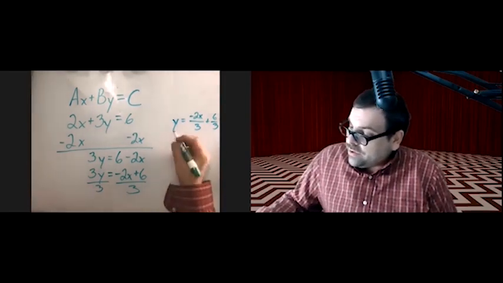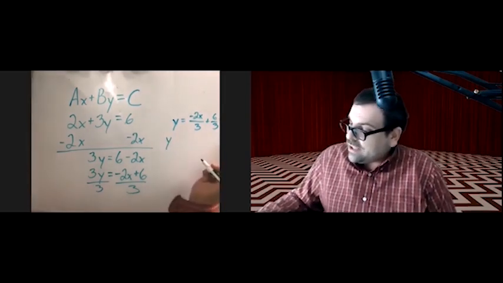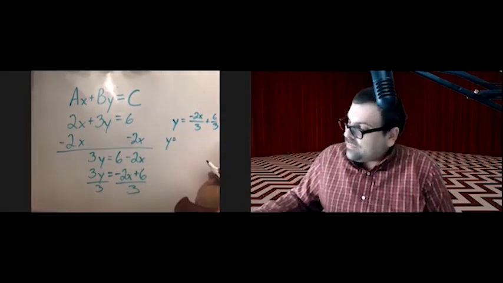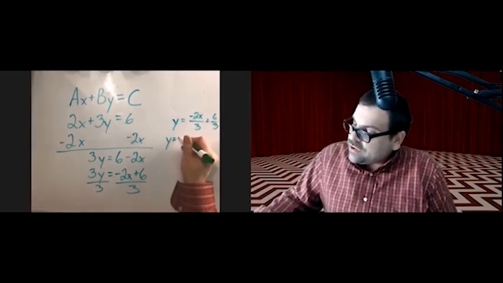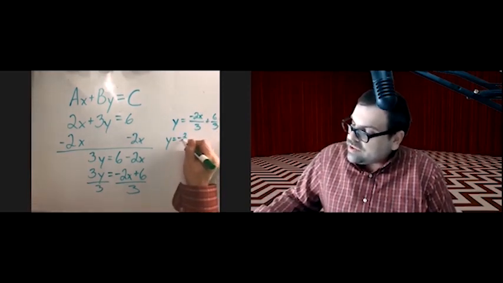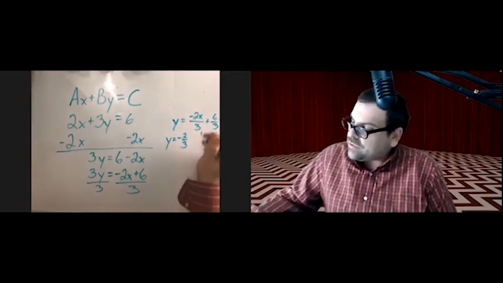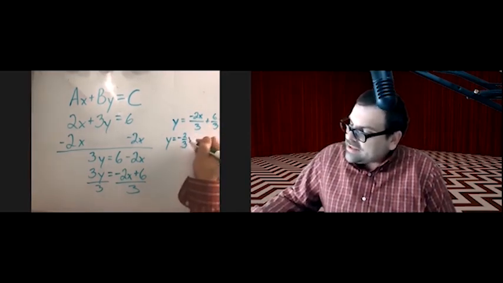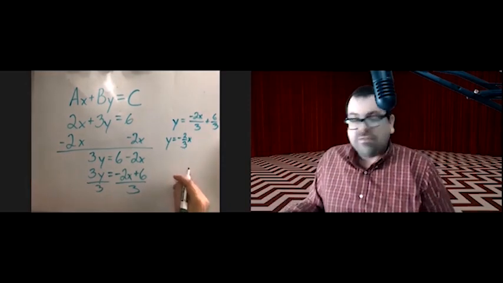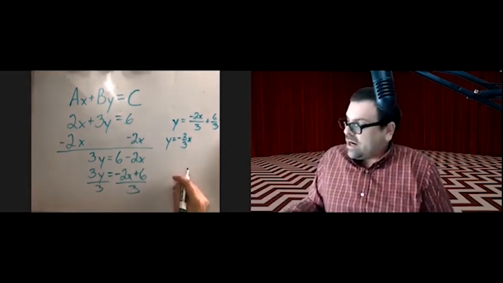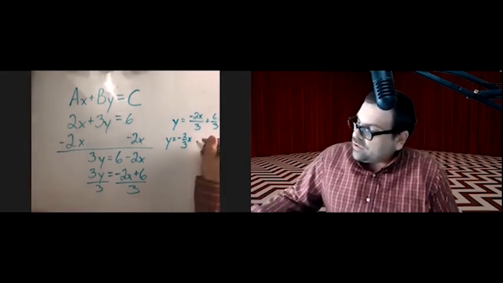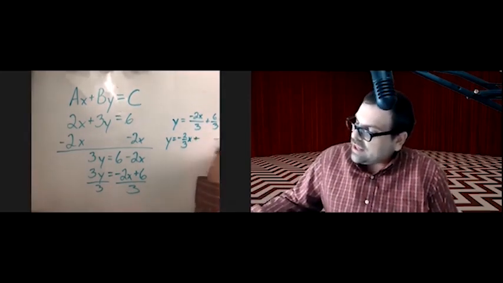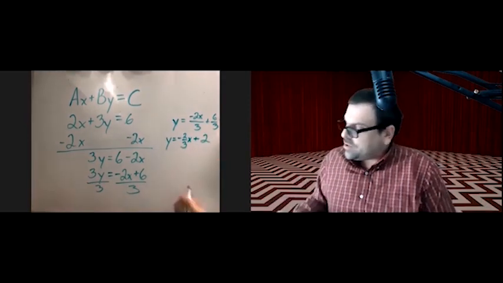Simplify them both individually. Dividing this by 3, we can do the negative 2 divided by 3 to get negative 2/3. And that x is actually just going to go ahead and float right next to the 2/3. 6 over 3, that's 2. So this is plus 2.